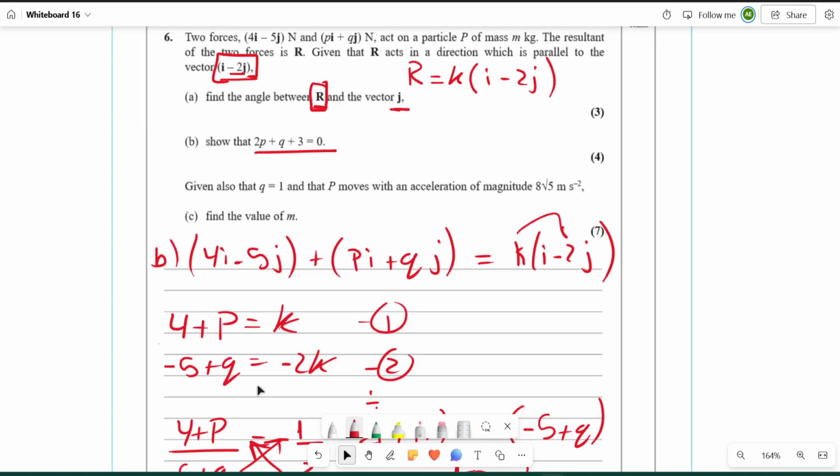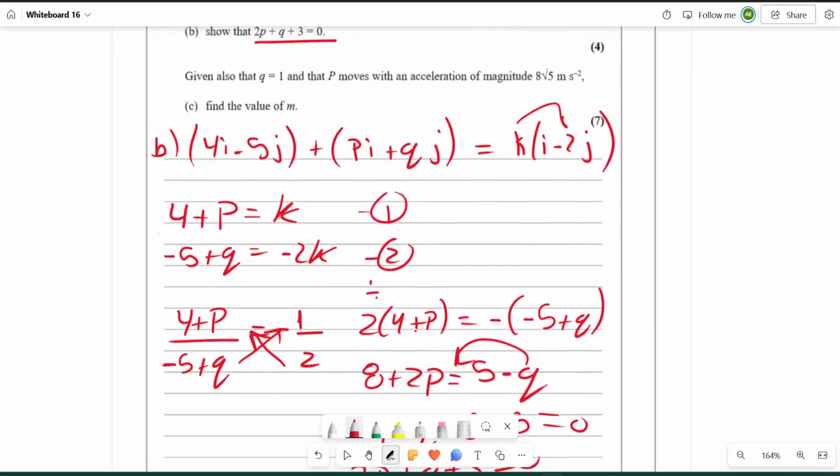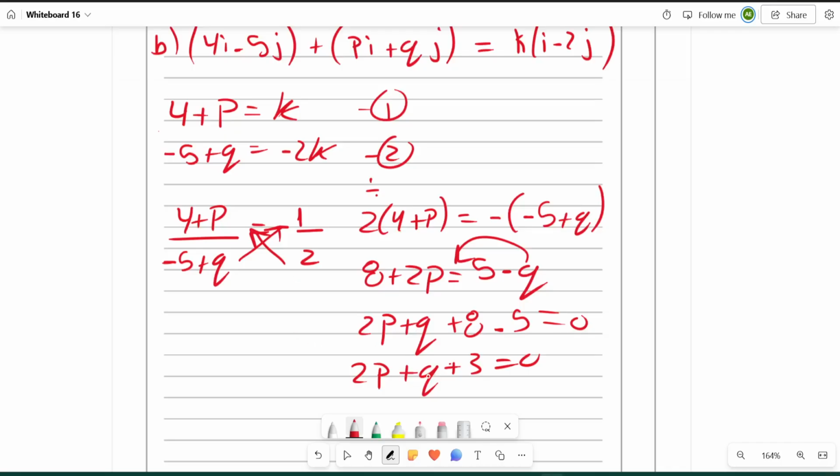Now, given that also q equals 1 and that P moves with an acceleration of this magnitude, find the value of m. Straight away, I know if q equals 1, I can find p straight away. So if q equals 1, 2p plus 1 plus 3 equals 0. 2p equals negative 1 minus 3, which is negative 4.